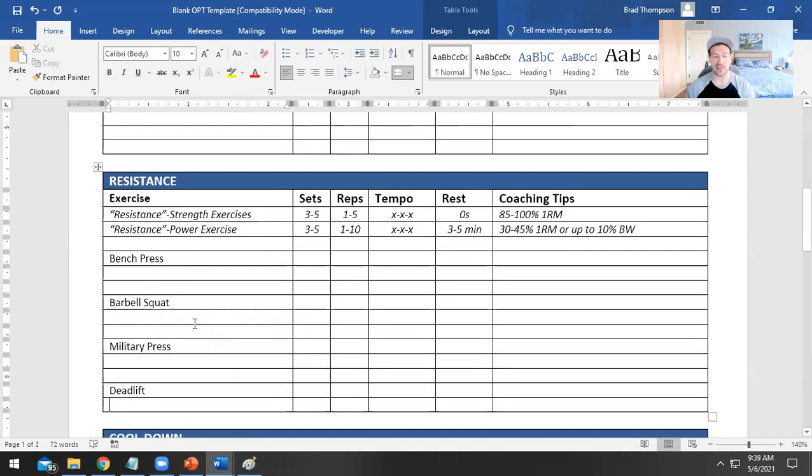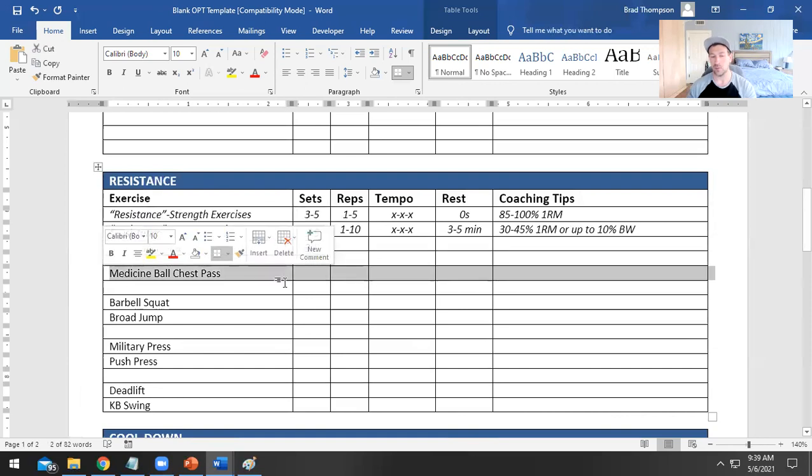So what that means is that we're going to do the bench press, and we're going to pair that with a medicine ball chest pass, or clap push-ups would be a great one. Barbell squat, we're going to pair that with a broad jump. Military press, we're going to pair that with a push press. Deadlift, we'll pair that up with a kettlebell swing, right? So all of that's a strength movement paired with a power movement.